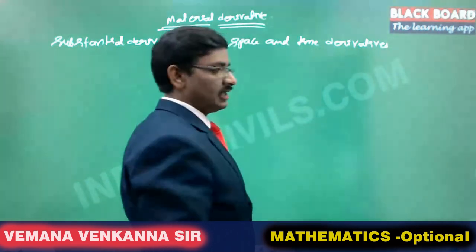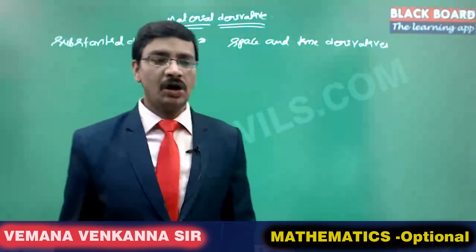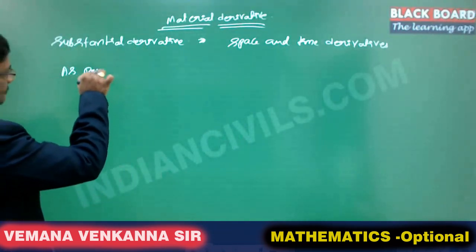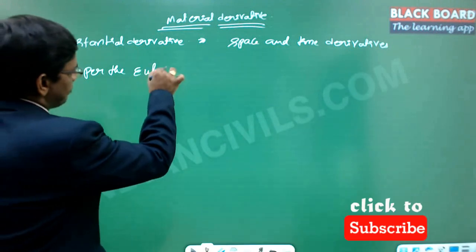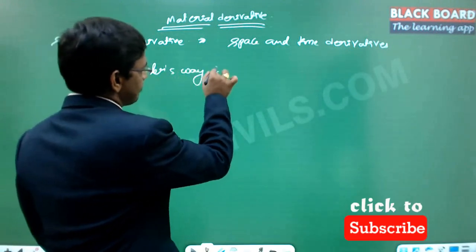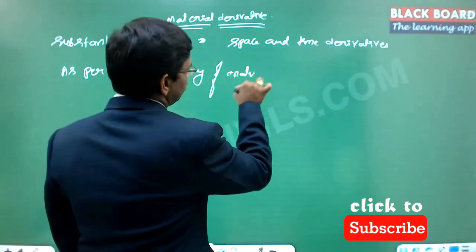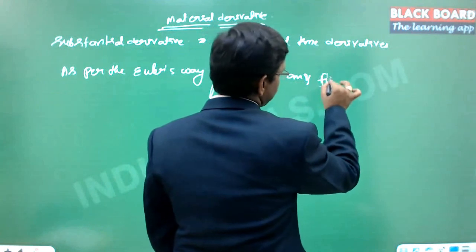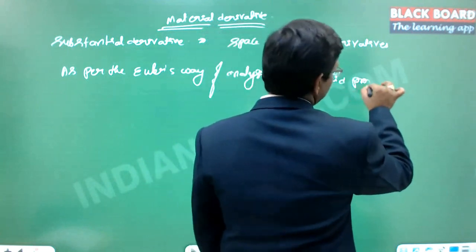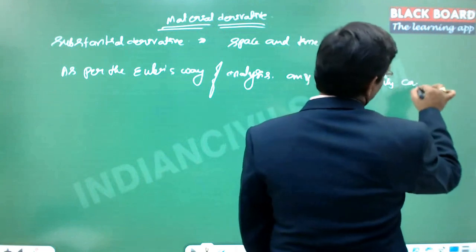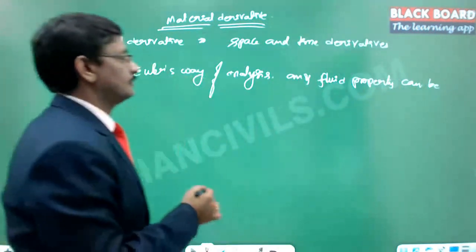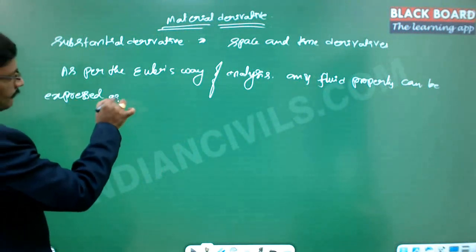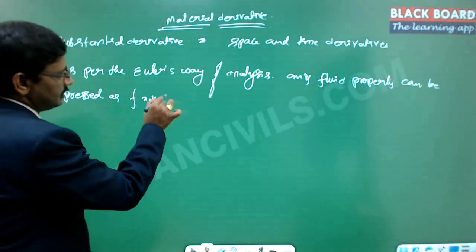The concept of the material derivative comes from the fact that we will be using the Euler way of analysis, which says that any fluid property can be expressed as f of x, y, z, t.